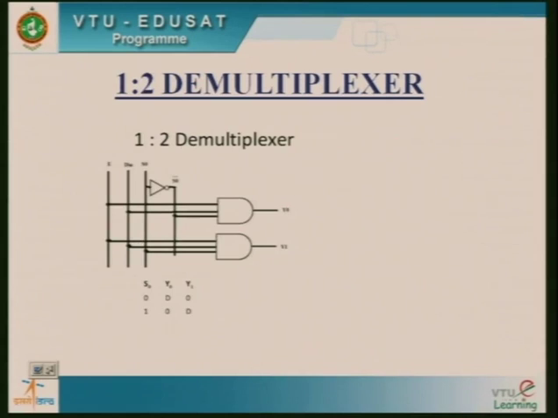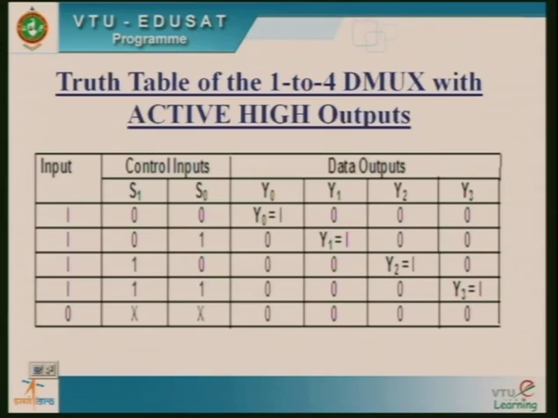So we have discussed the 1:2 and then the 1:4 demultiplexer. You can see the truth table of the same. When the control inputs are 0 0, whenever I apply the input I over here, we have 4 outputs, Y0, Y1, Y2, Y3.